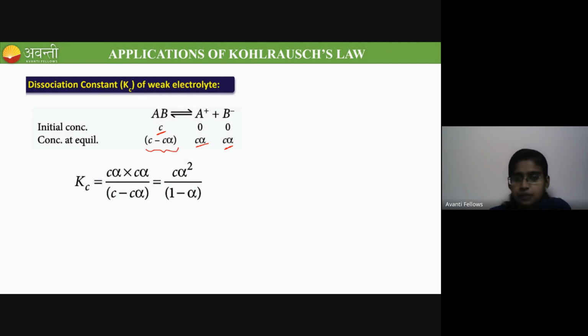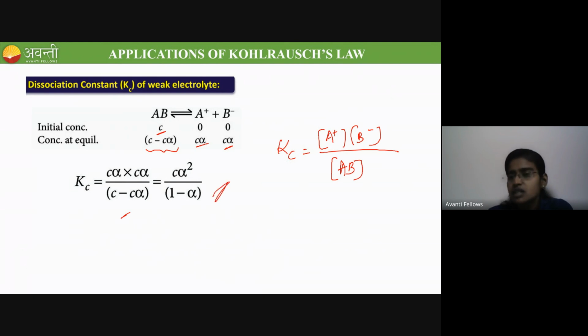Now if you substitute in the equation, Kc will be equal to the concentration of A plus into the concentration of B minus divided by the concentration of AB. So when we substitute, on calculation we will get C alpha square by 1 minus alpha. We can get some more things also that we can discuss in the questions. Got it?